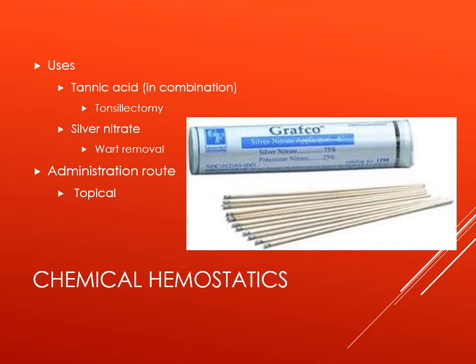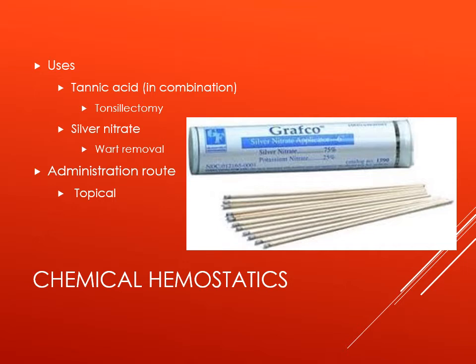The tannic acid can be used for tonsillectomies to kind of chemically halt some bleeding, and then silver nitrate for wart removal. I've also seen silver nitrate sticks used in D&Cs, so when they're actually doing a dilation and curettage in a female, sometimes used as a very pointed instrument to grasp the cervix, and that can leave a little bleeding spots.